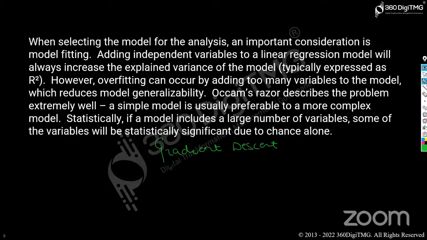Gradient descent, guys, is used to minimize the MSE, that is mean squared error, by calculating the gradient of your cost. The regression model uses gradient descent to update the coefficients of the line by reducing the cost function. And how is it done? It is done by a random selection of values for the coefficients, and then iteratively updating the values to reach the minimum cost function.